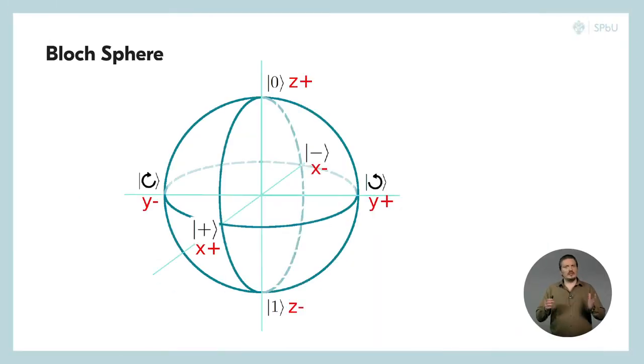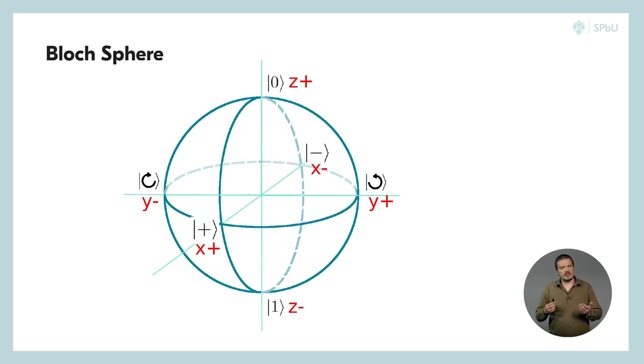Okay, we have a two-level system. This means we can draw it on the Bloch sphere. The state of the particles with the spin up along the z-axis we will denote 0 and place it at the top of the sphere. In the opposite point situates the state 1, which is spin-down particles along the z-axis.